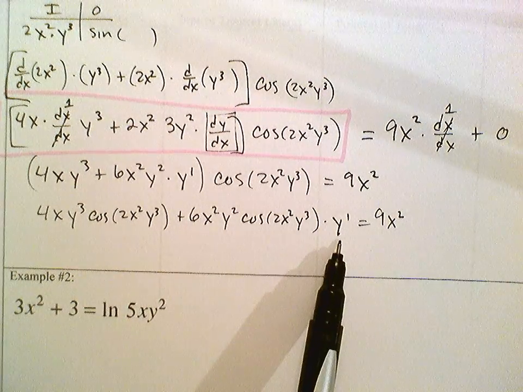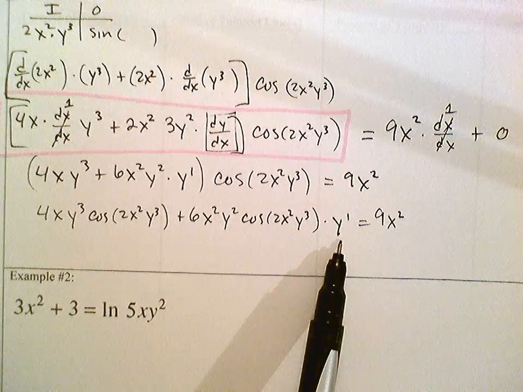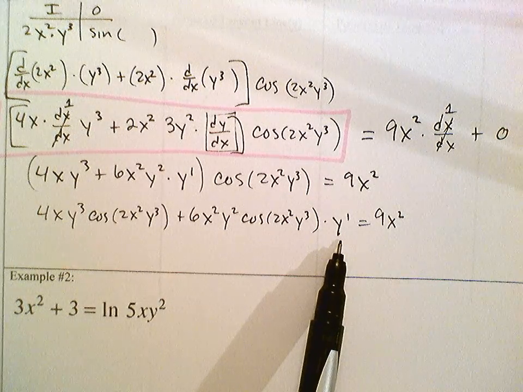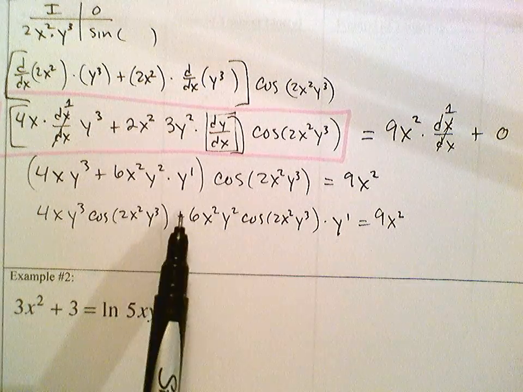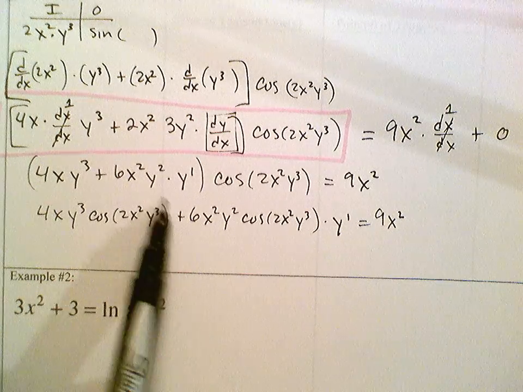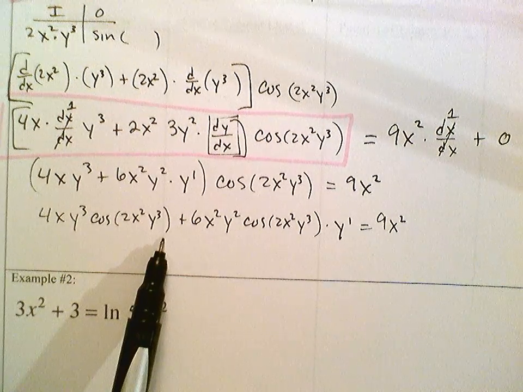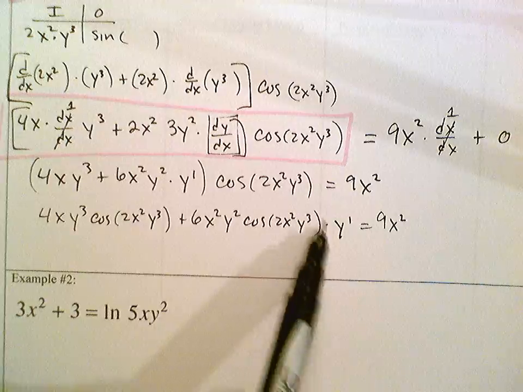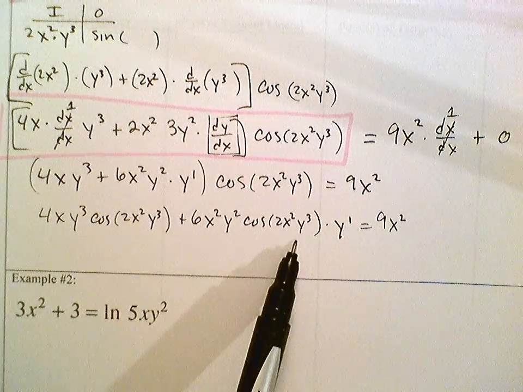All right, so we just got the y prime in one location. We don't have to factor it out and then divide both sides by a big parentheses. We just have to move this term by subtracting it from both sides, and then we'll divide both sides by that right there.